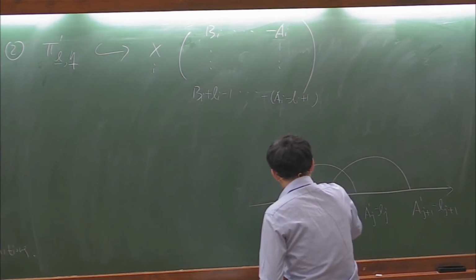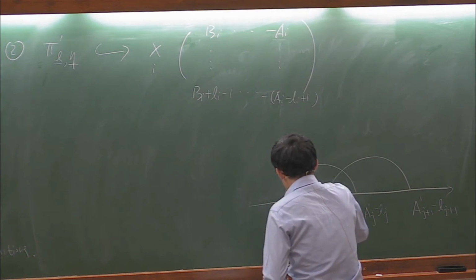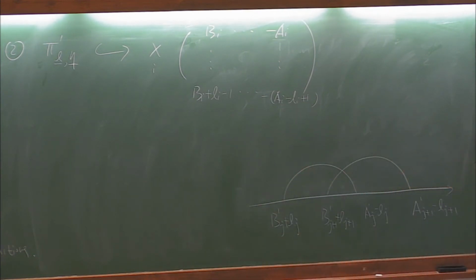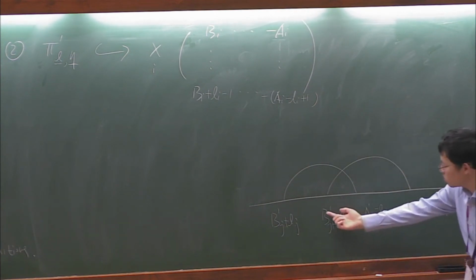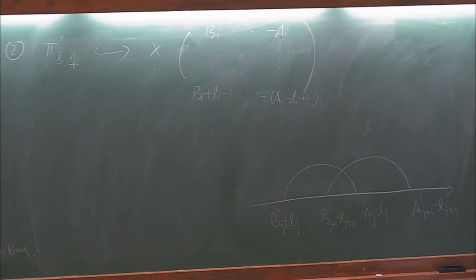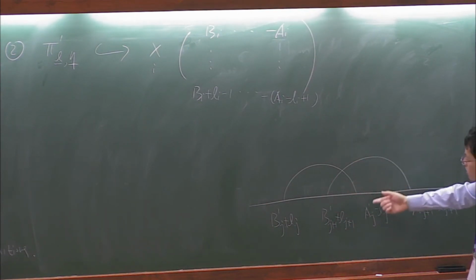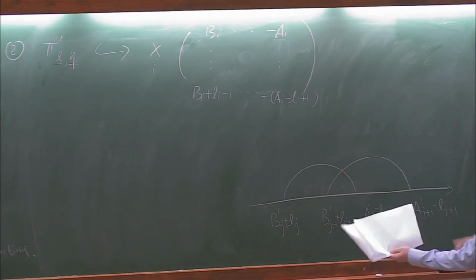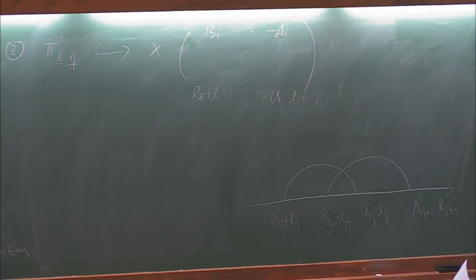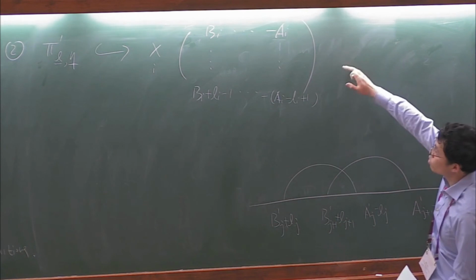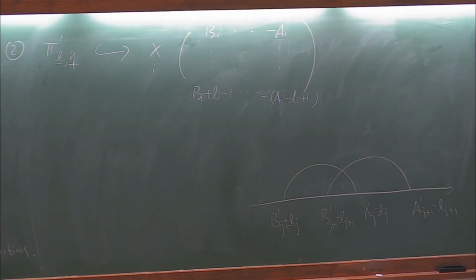So this is B_j. Okay. So they all get shrunk. Say A will shrink by this L, and B will also get shrunk. And previously, what we did was we just took all the points in these intervals, okay? And then they give us a parameter, and that parameter gives us a representation for a group of smaller rank than G.